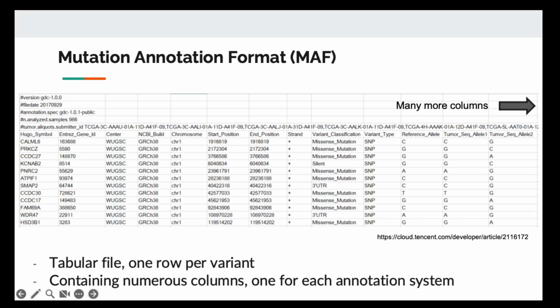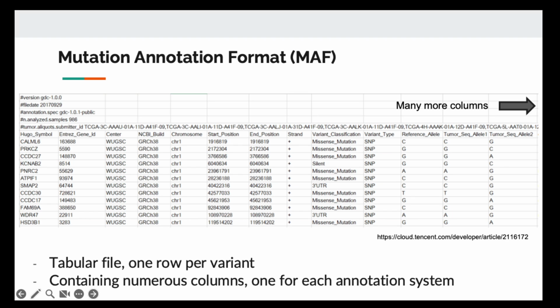So if you run your VCF files, let's say through Franklin, and you get predicted tier of the severity, you run it through PharmGKB, you get the list of predicted associated drugs. This will become columns in the MAF file. So whenever you annotate your variant, you're going to get more and more columns in this format.